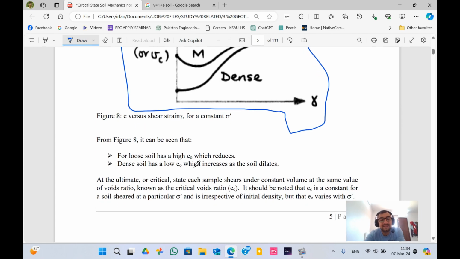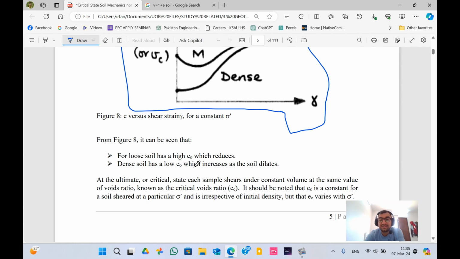At the ultimate or critical state, each sample shears under constant volume. We have already studied the ultimate state, at which the soil starts to disintegrate, or critical state we can also say. Each sample shears under constant volume, at the same value of the void ratio, which is called the critical void ratio.